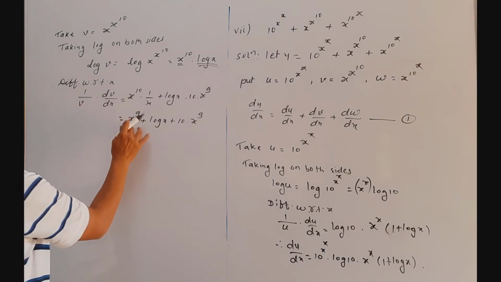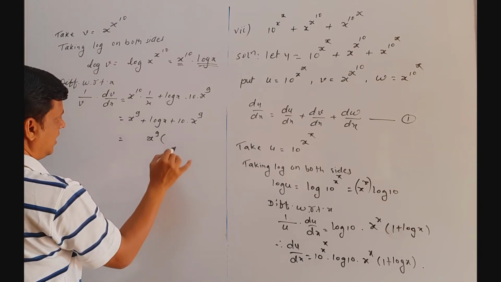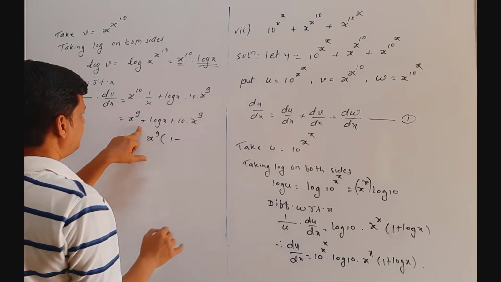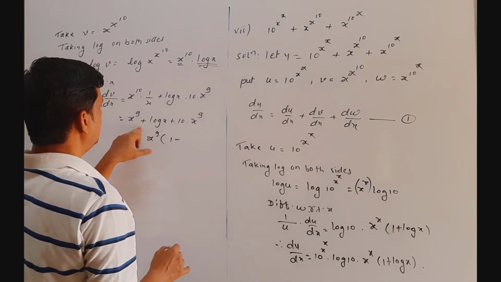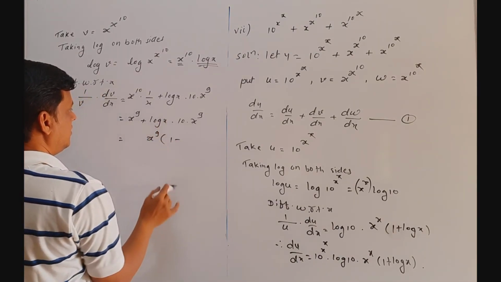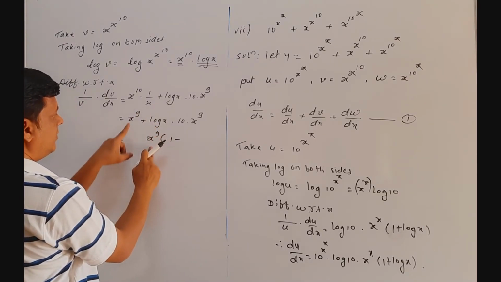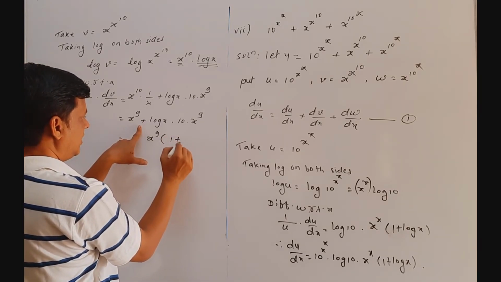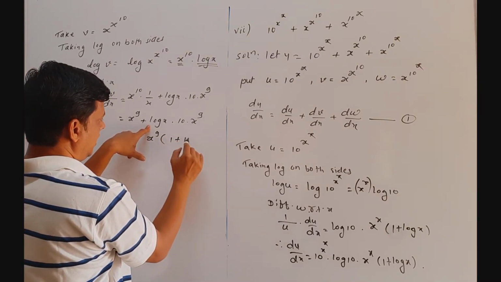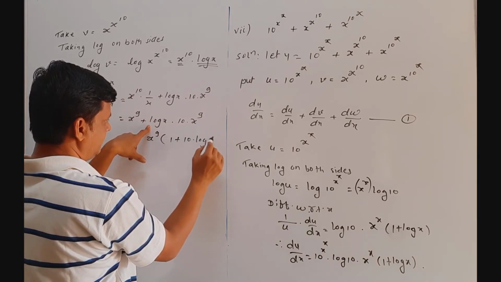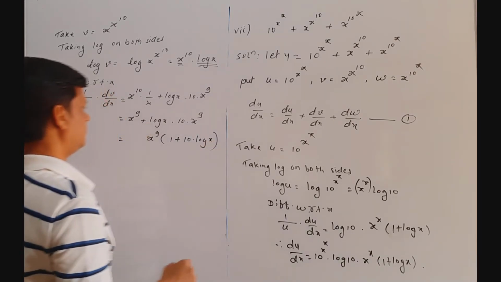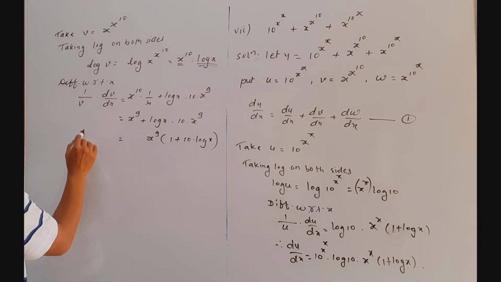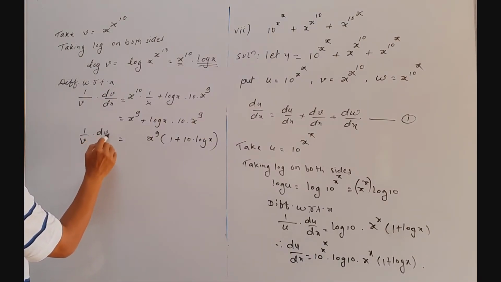We take x raised to the power 9 common here, and in the bracket we write 1 plus, since the sign is multiplication. The coefficient of x raised to the power 9 is 1, so we write plus 10 into log x, because we took x raised to the power 9 common. This is the value of 1 by v into dv by dx.